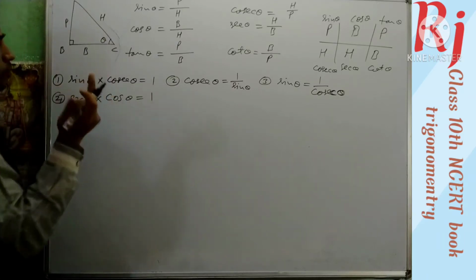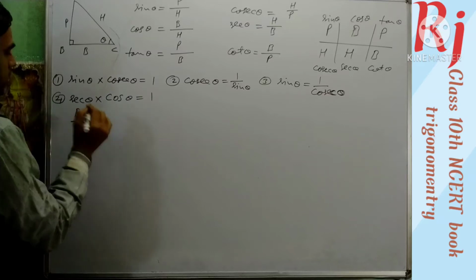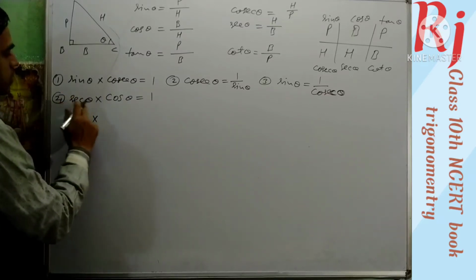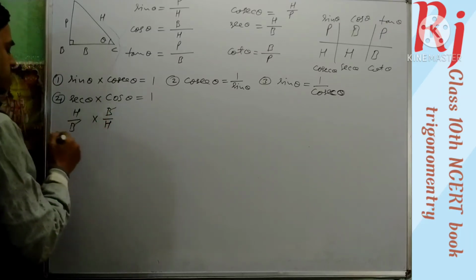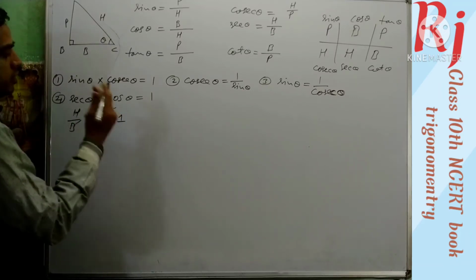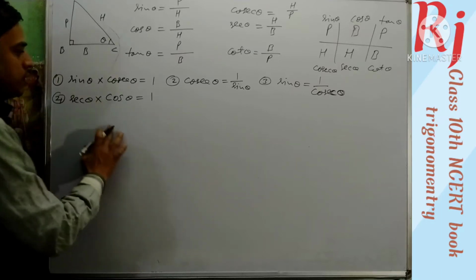We can prove this formula very easily. Sec theta equals hypotenuse upon base, and cos theta equals base upon hypotenuse. Base will be cancelled by base, hypotenuse will be cancelled by hypotenuse, and only 1 remains. So we have proved the fourth formula.